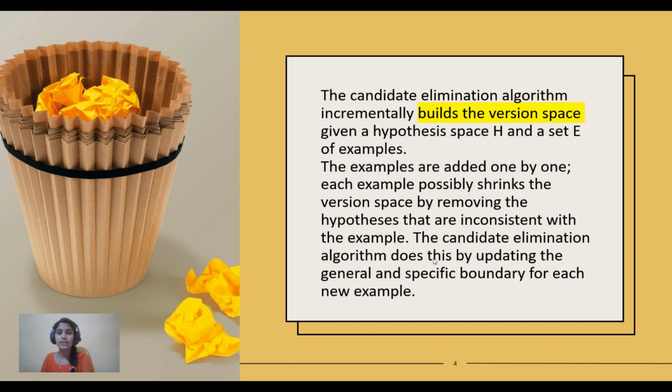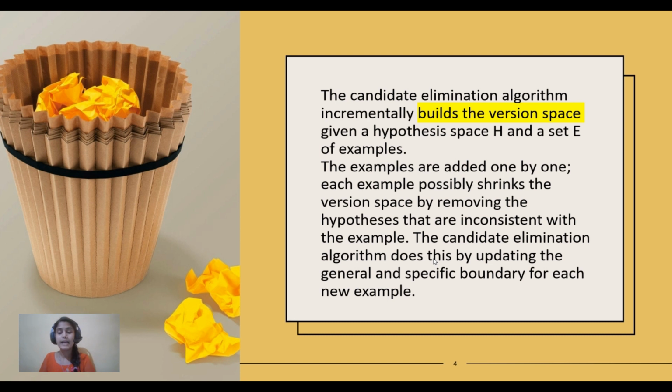After that, we gave a set of examples. We showed the images of different cats, that is examples. And it built the version space. That means it started becoming better and better at recognizing what a cat might look like. And finally, it will be able to recognize a real cat in the real world. So that is what the candidate elimination algorithm is for.